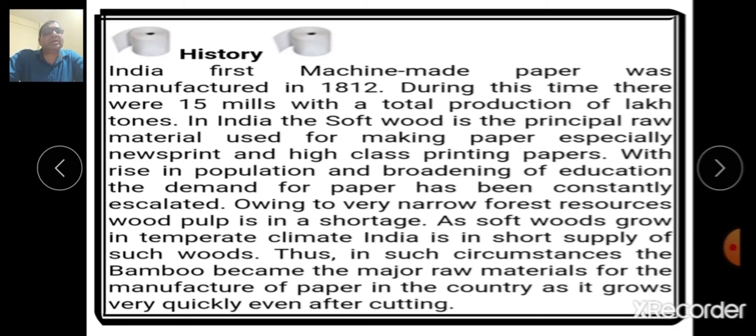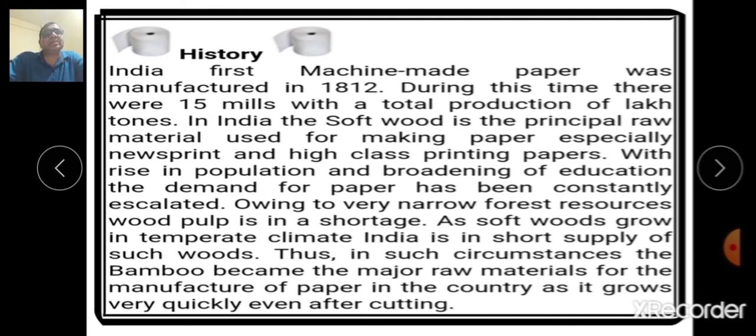However, in our India, due to the narrow forest resources, wood pulp is in shortage. As softwoods which are required for the paper industry grow in temperate climates, India is in short supply of such woods.